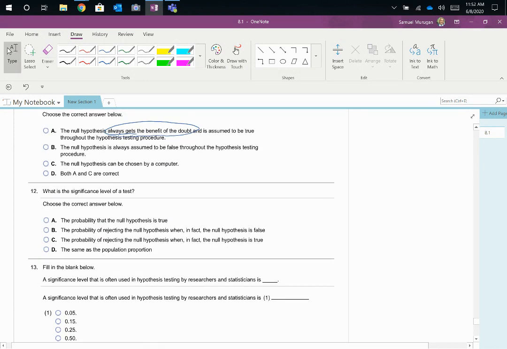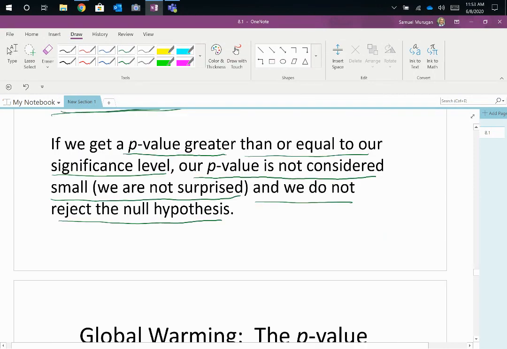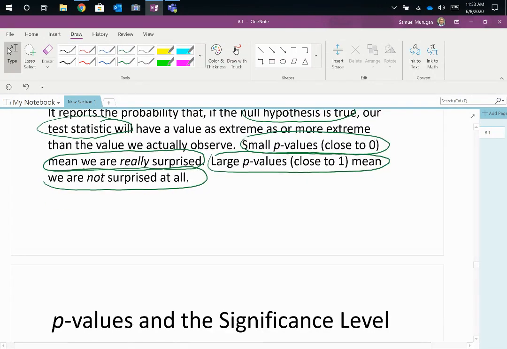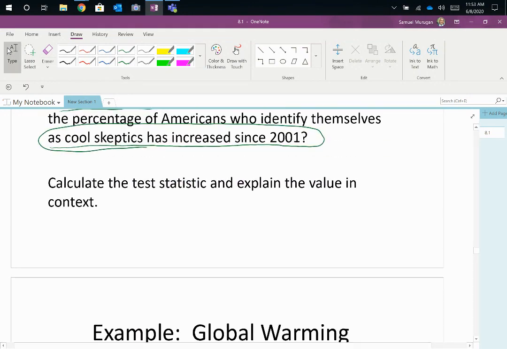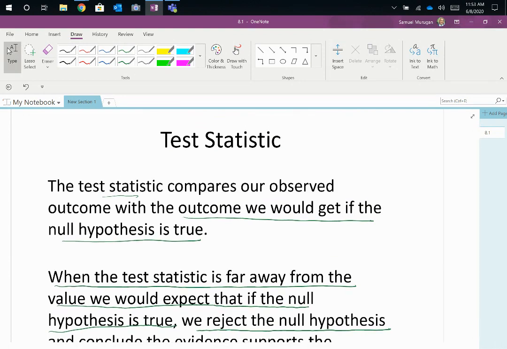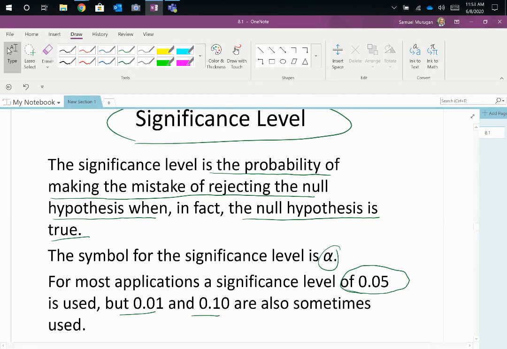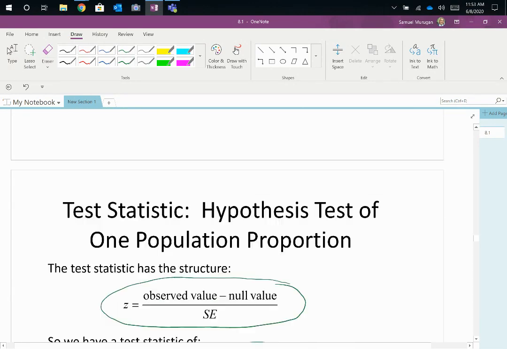The significance level, anybody? Significance level, let's go back to our notes and see what it says about significance level. The probability of making the mistake of rejecting the null hypothesis when in fact the null hypothesis is true.